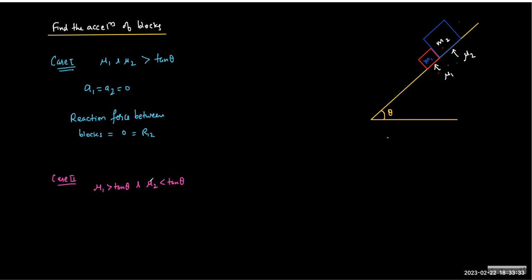What do we have to do to come to a conclusion? So whether the system will move or not, who will decide? If the force exerted by M2 on M1 is more than the force exerted by M1 on M2.